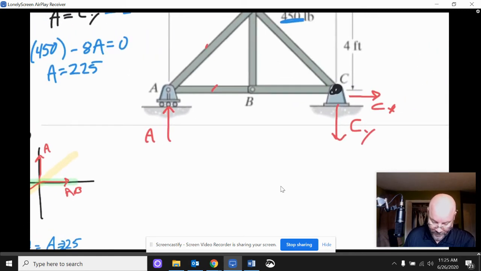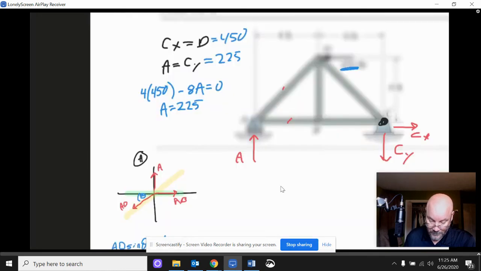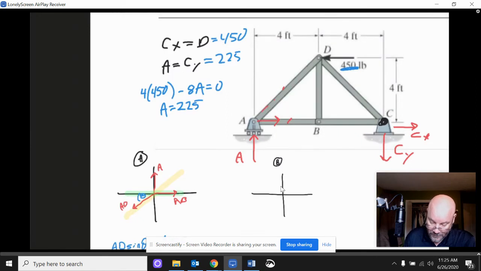So we're going to make a free body diagram for B. Now let me draw in what's happening with AB and AD at A. So AB is here and AD was here.